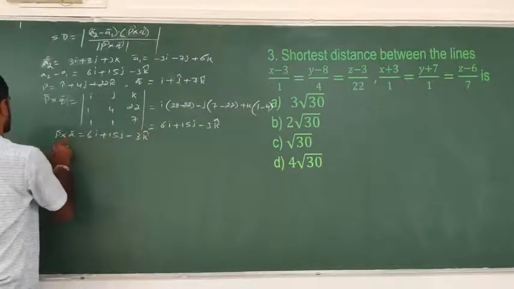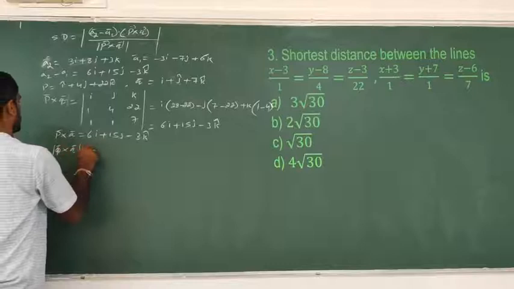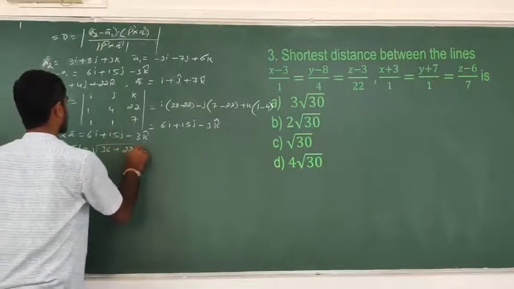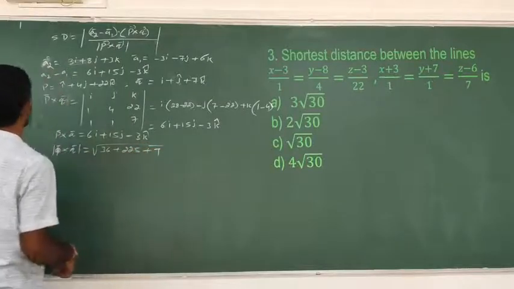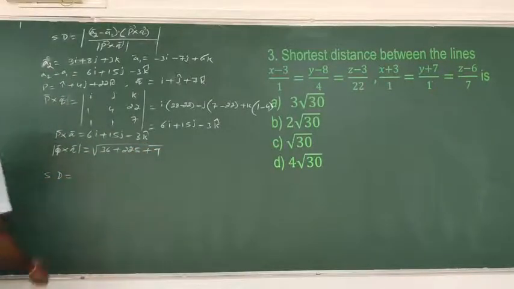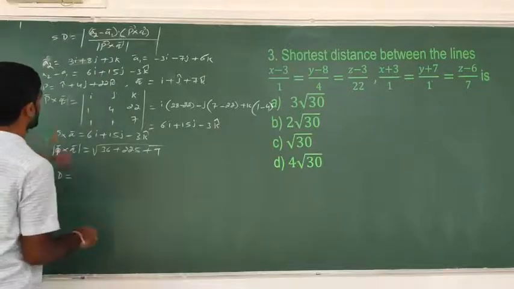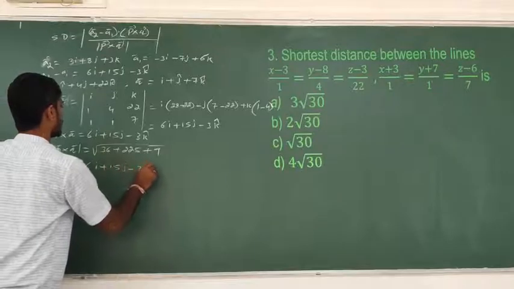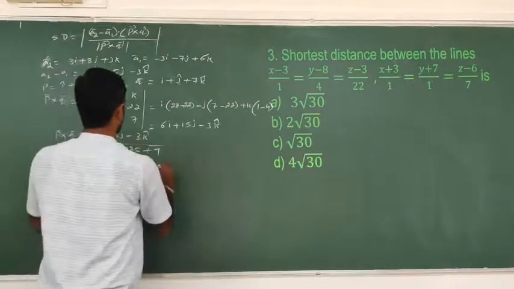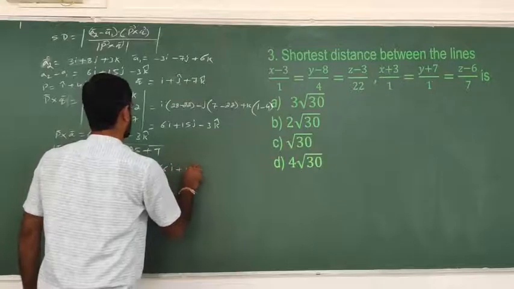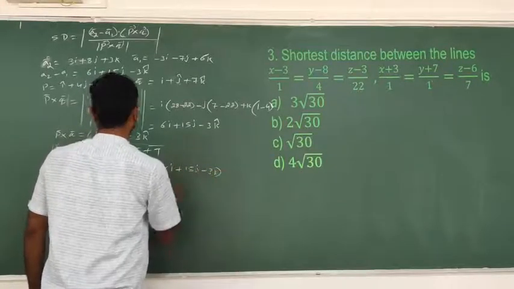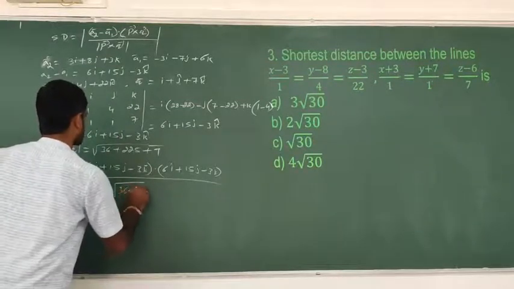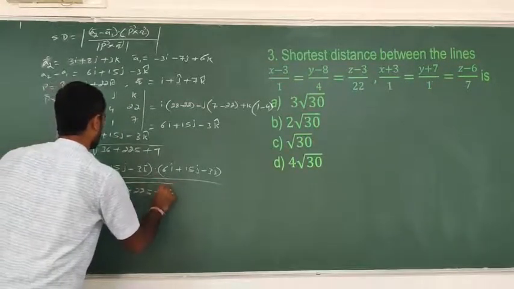Then the magnitude of p cross q is the square root of 36 plus 225 plus 9. Now the shortest distance: a2 minus a1 is 6i plus 15j minus 3k, dot product with p cross q, which is 6i plus 15j minus 3k, divided by the square root of 36 plus 225 plus 9.